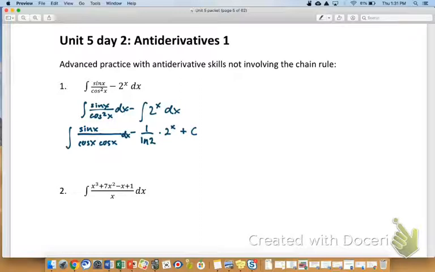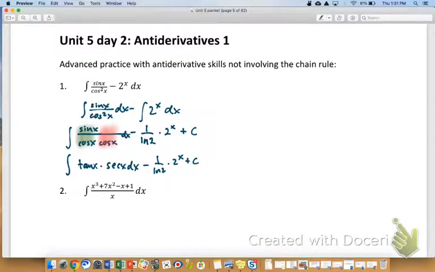So Hunter suggested he saw some trig identities, right? So I'll highlight it for you. He saw this and thought, man, that looks a lot like something I've seen before. And then he saw this and thought, that looks like something familiar as well. What's sine over cosine? And 1 over cosine? So when you rewrite it like that, maybe this becomes something that looks a lot more familiar to you because you've done so many derivatives and all that practicing.